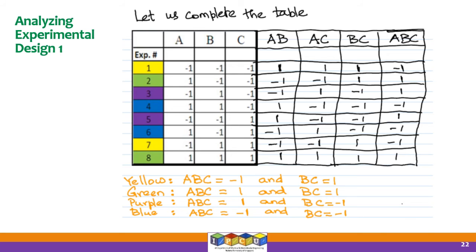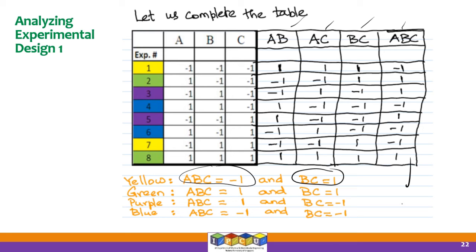So if you take a wider look at experimental design 1, what you see is, if you complete the table by introducing columns A, B, AC, BC, and ABC, the three-factor interaction and the two-factor interactions that are possible in the system, you can see if you look through this data carefully, the yellow block is assigned if ABC is equal to -1 and BC is equal to +1.